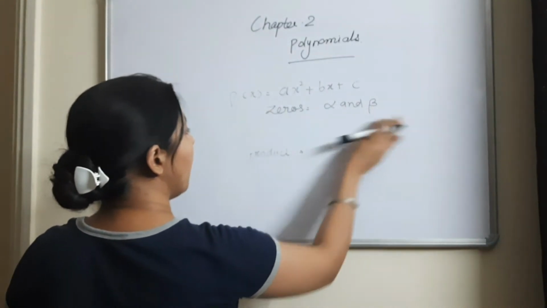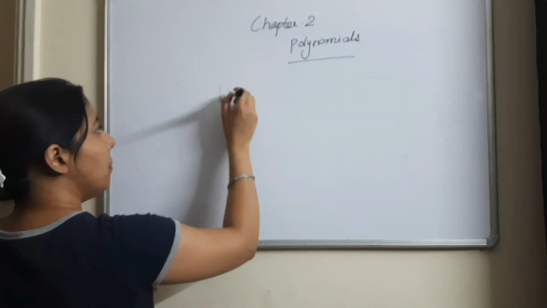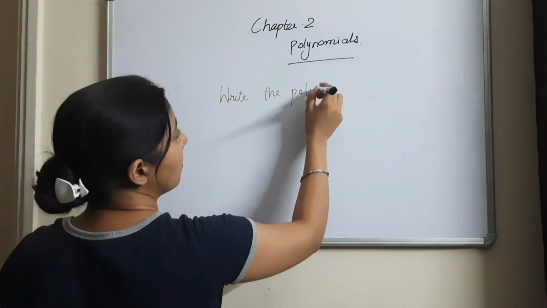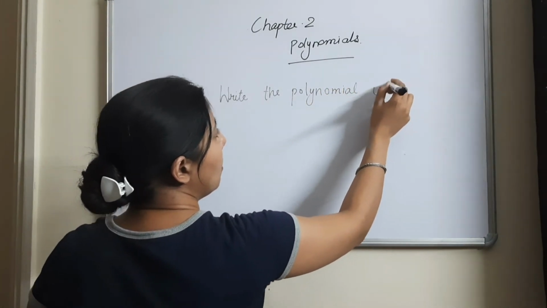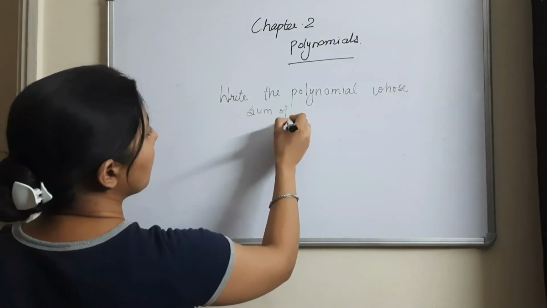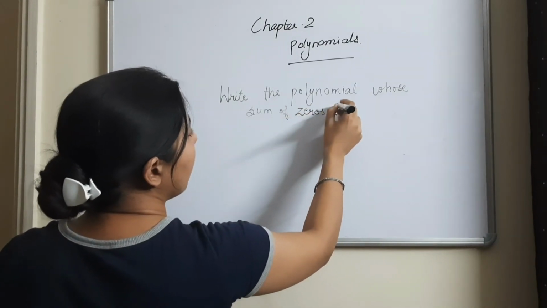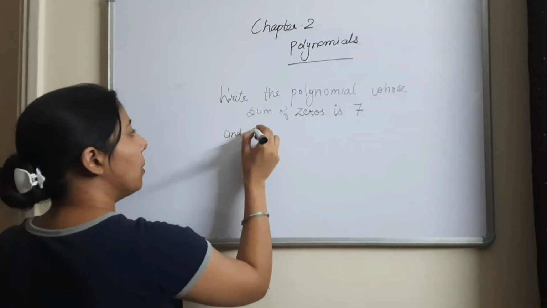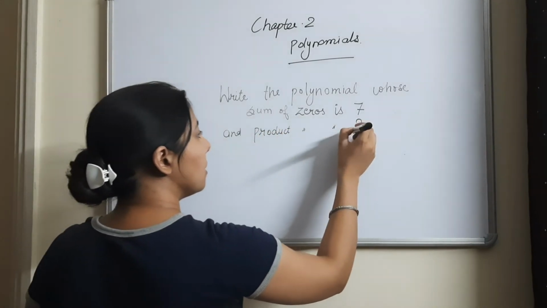Suppose the question came like, write the polynomial whose sum of zeros is 7 and product of zeros is 2.